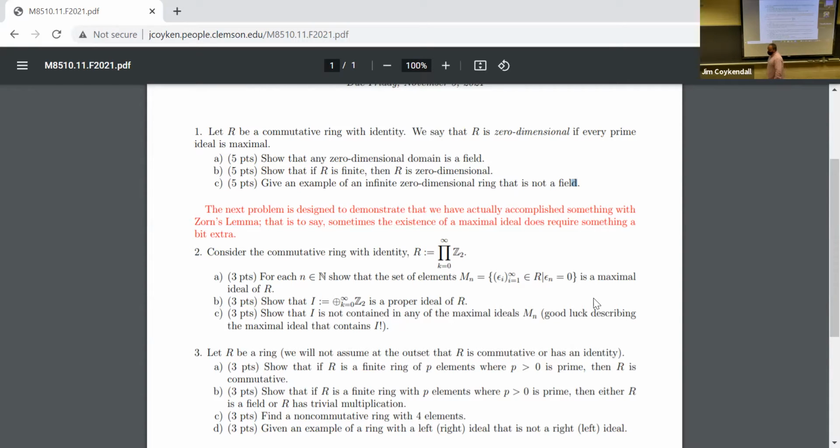C, find a non-commutative ring with 4 elements. And in D, give an example of a ring with a left ideal that is not a right ideal. What I mean by that is, give me a ring that has a left ideal that's not a right ideal, or give me a ring that has a right ideal that's not a left ideal. I don't care which one you do. You don't have to do them both.